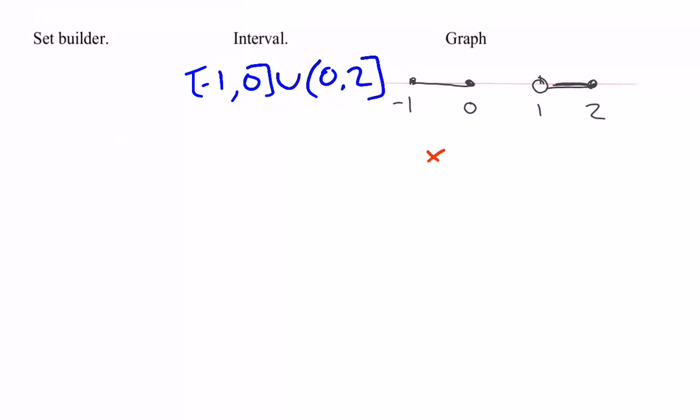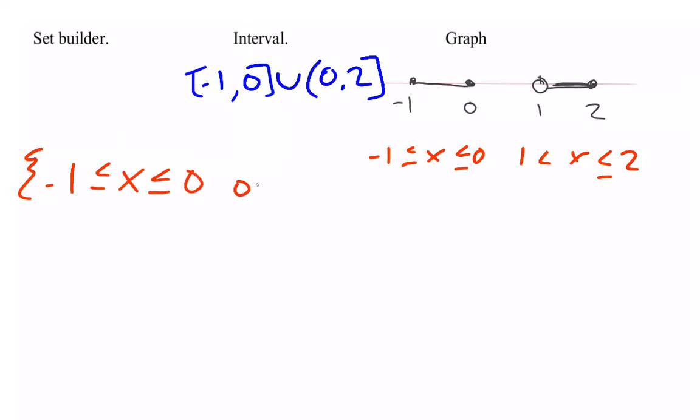So the first piece is I want x between 0 and -1, and it can equal both of them. And the second one, I want x in between 1 and 2, but it can only equal 2. So my set builder notation would be -1 less than or equal to x less than or equal to 0, or 1 less than x less than or equal to 2.